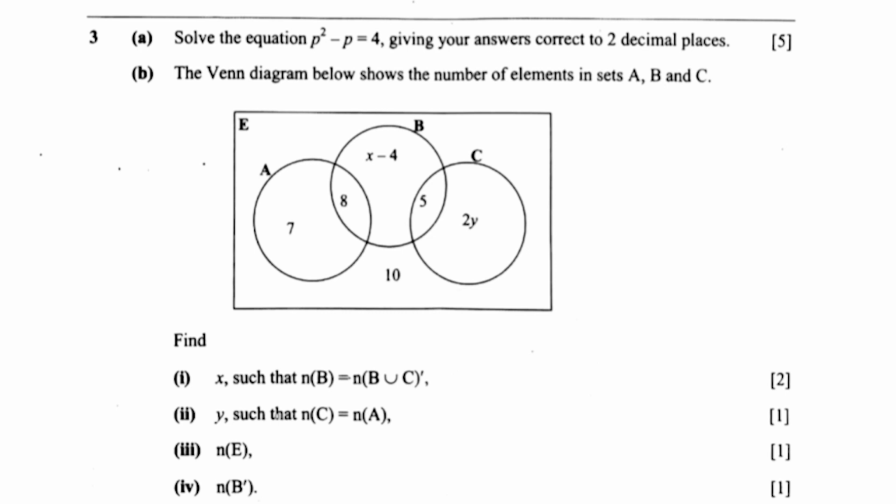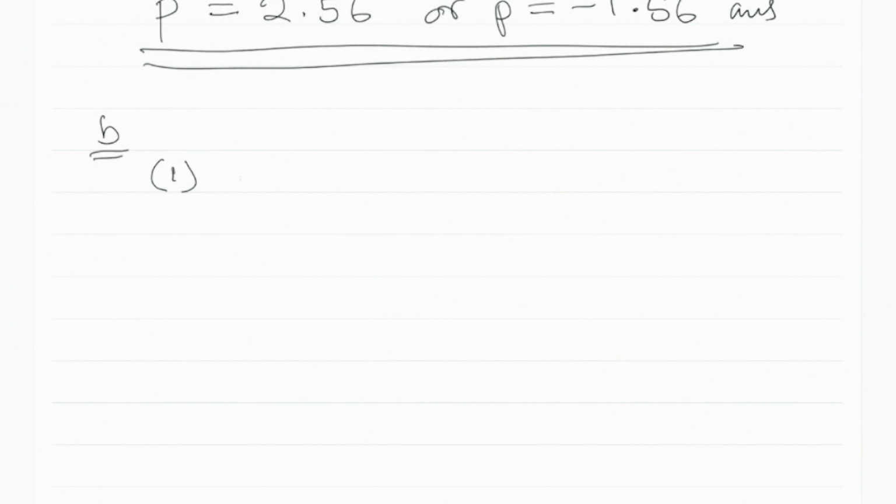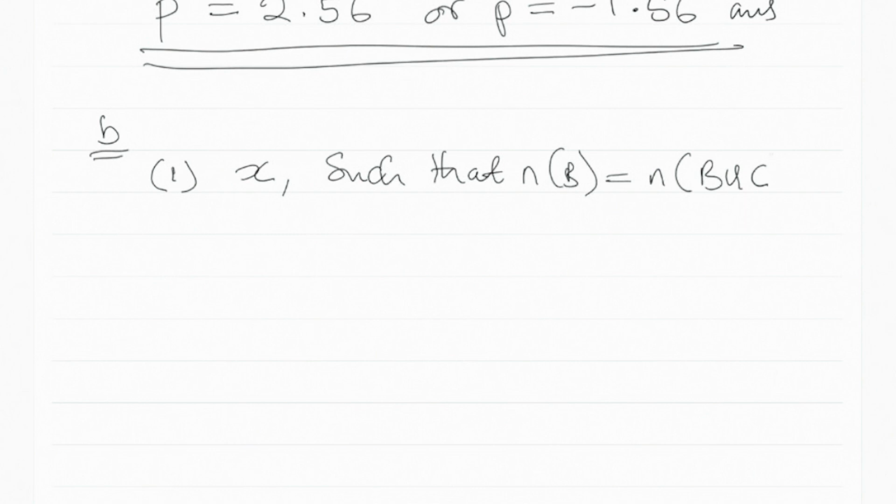And in the question, they are asking us to, I'll read through, the Venn diagram below shows the number of elements in sets A, B, and C. And they're asking us to find x such that the number of elements in B equals the number of elements in (B union C) complement.